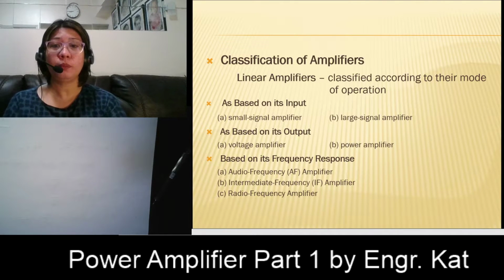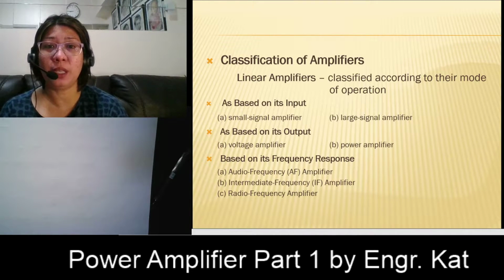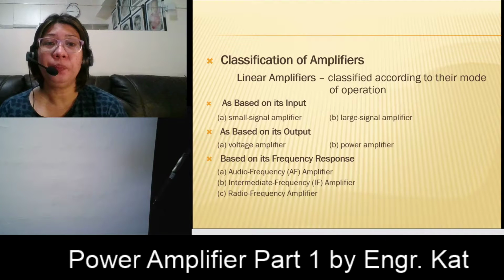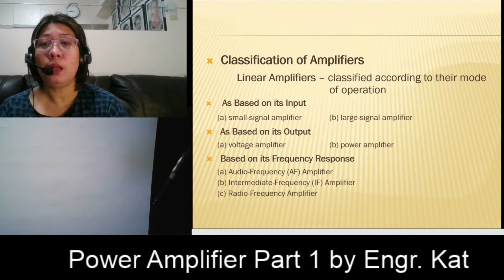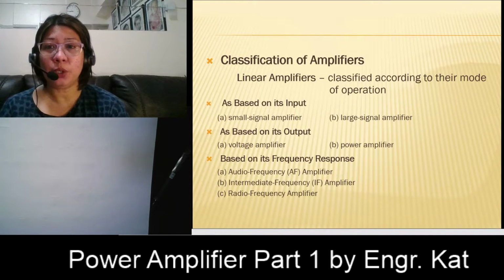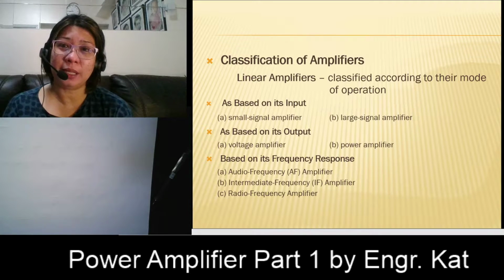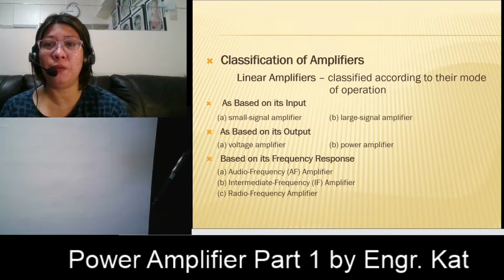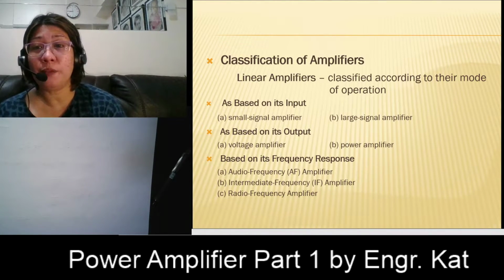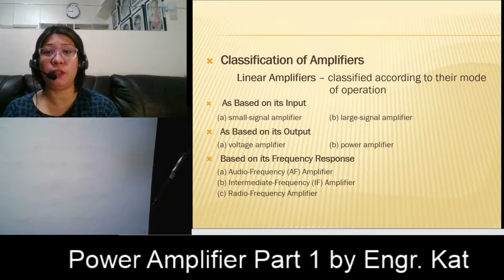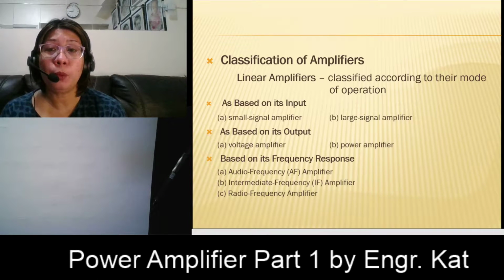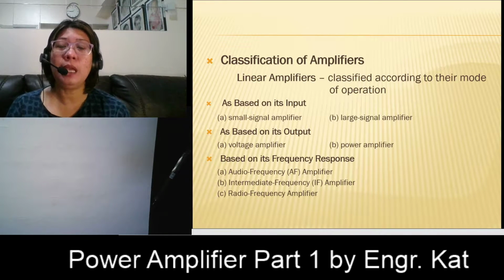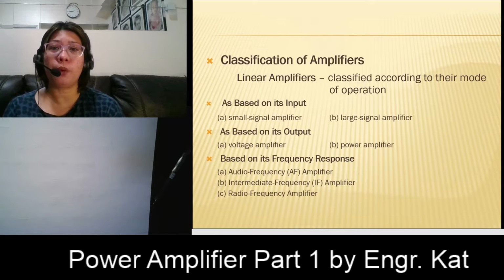Okay, so the next classification is based on its output. When we are looking at the relationship between the output voltage and the input voltage, then we have a voltage amplifier and we are defining the voltage gain of that specific amplifier. But if we're concerned with the output power with respect to the input power, then we are talking about power amplifiers.